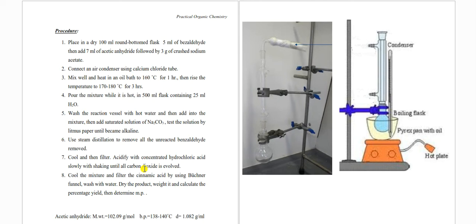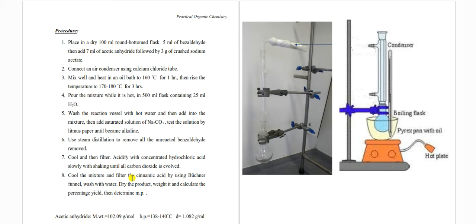Then after that, cool the mixture and filter our final product, which is cinnamic acid, as a pure white solid material. Filter it, of course, by using a Buchner funnel.